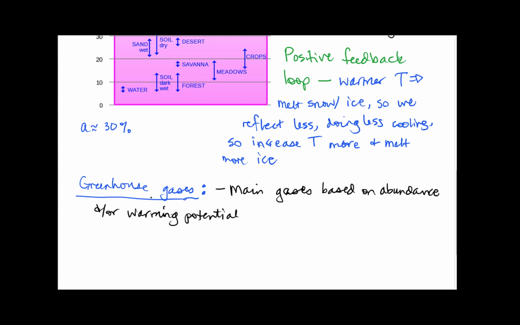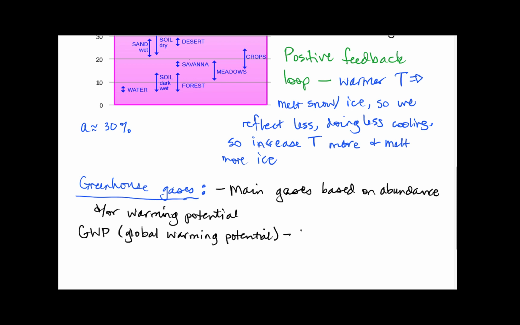All right, so global warming potential, or GWP, this is a term that was proposed to talk about the two factors that affect how much a greenhouse gas is going to actually do warming.